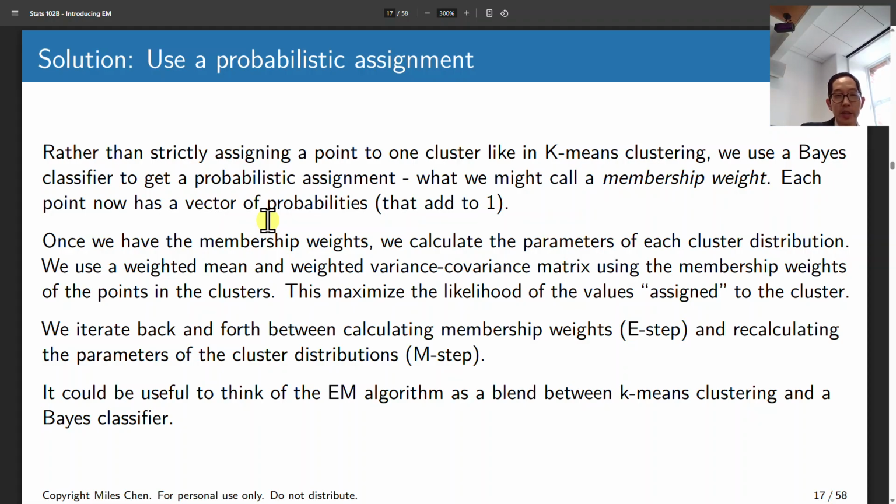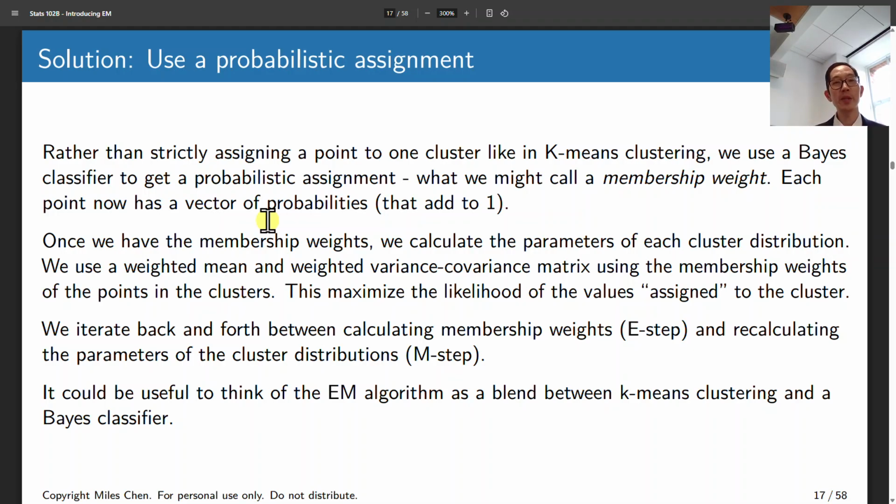Okay, and then once you have those membership weights, we can use those weighted values to calculate the parameters of each cluster distribution. So we'll use a weighted mean, and we'll also get a weighted variance-covariance matrix using the membership weights of the points, all right?